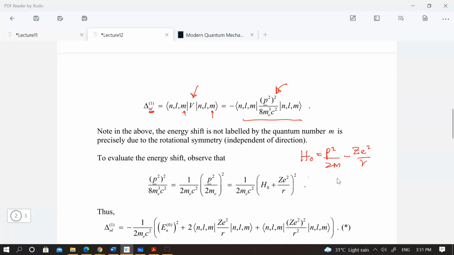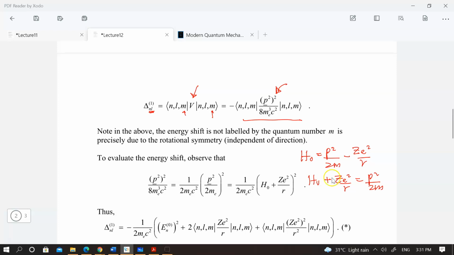So then we have H naught plus Z e squared on r equals p squared on 2m, which is the thing we have over here. So in other words, you square this thing. Squaring this will be much simpler than evaluating this term over here.